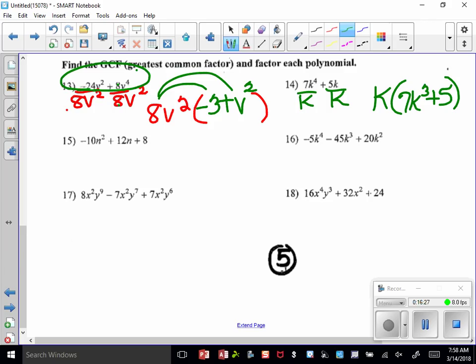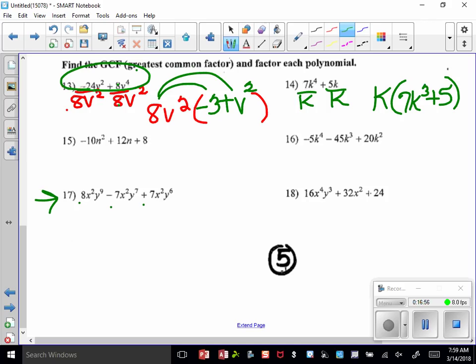All right, we're going to do one more of these. Let's take a look at 17. So I'm looking at the numbers 8, 7, and 7. Again, I don't have any GCF with those numbers, the number part, but I do have some GCFs with the variables. So let's look at the x terms first. What is the smallest power of the x term?